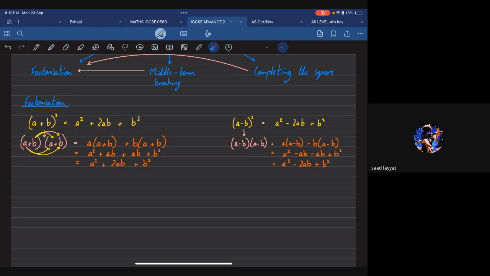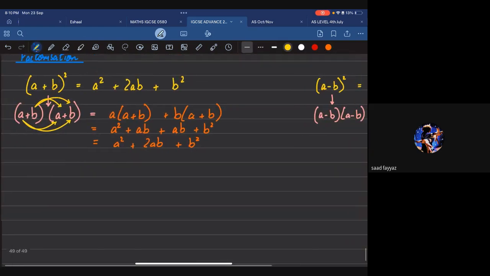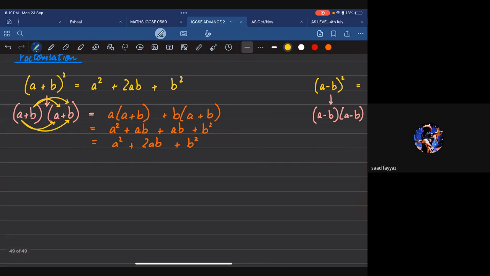All right. So the third type of factorization that we deal with is when the individual terms are being squared. For example, A and B are any individual unknown variable. You don't know what they are. They could be a constant as well. We don't know. Minus B whole square.